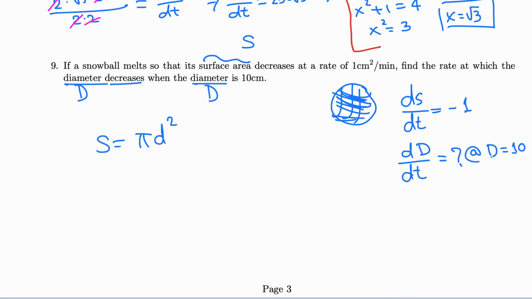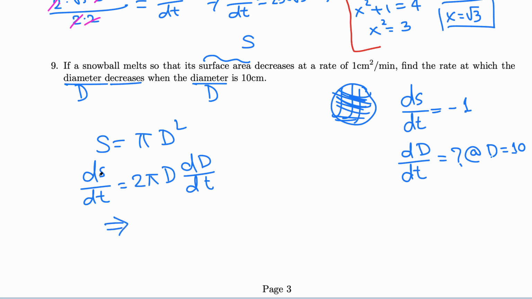Now let's plug in the given and find the unknown. Okay, hold on. We need to differentiate first. Find the derivatives of both sides with respect to time. And I'm using D as uppercase D. So ds over dt equals pi, constant. So it's like x squared, so 2x, x prime. So derivative of diameter with respect to time.